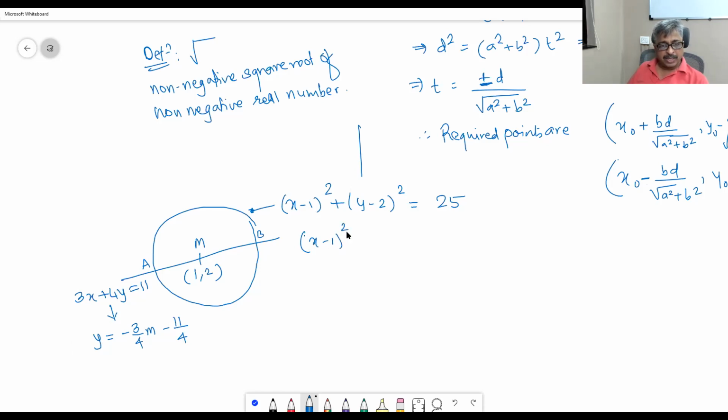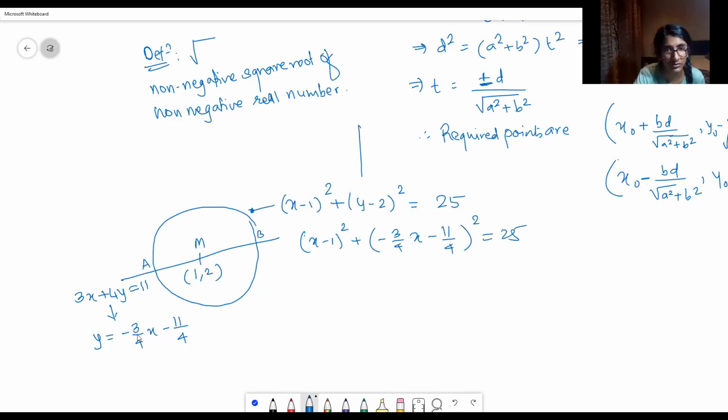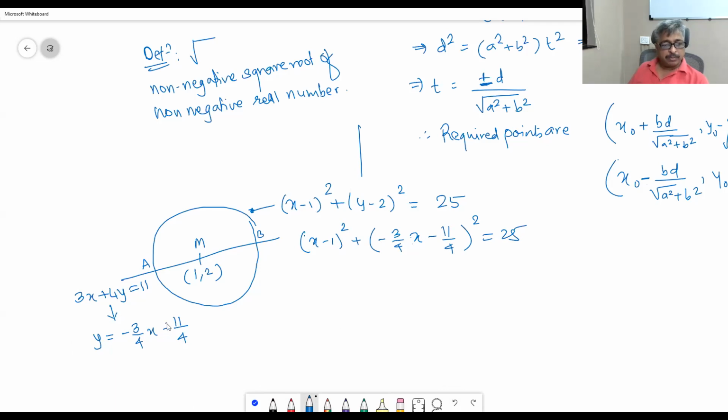X minus 1 bracket square plus minus 3 by 4 x minus 11 by 4 bracket square is equal to 25. Yes, good. Okay, is this correct?